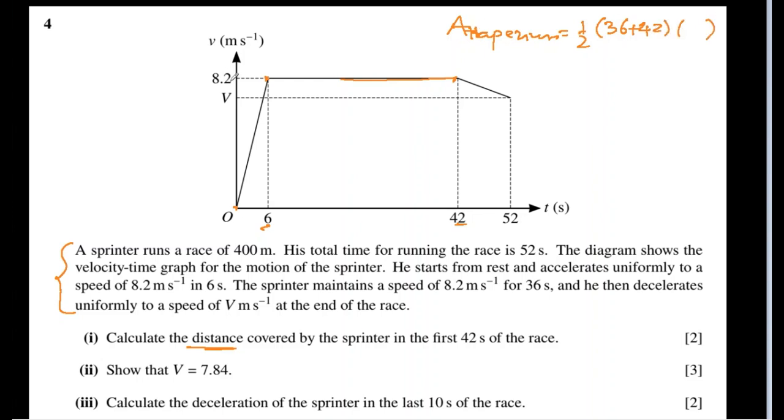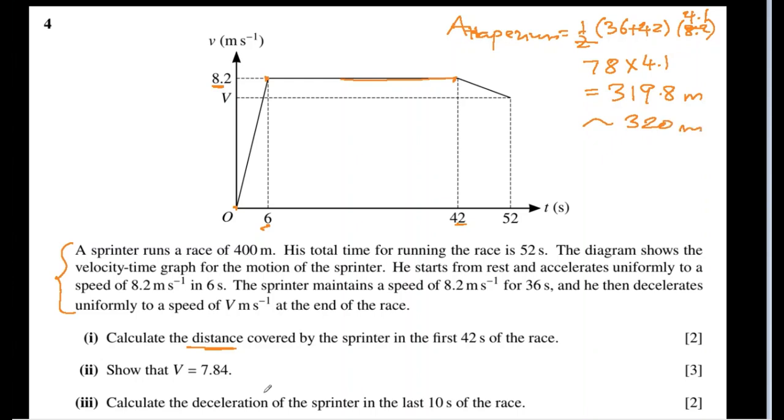Height is the distance between the two parallel lines we just wrote. Distance between them is 8.2. As simple as that. Just solve this. 4.1 multiplied by how much? 78. Yeah, 4.1, which will be 319.8 meters.